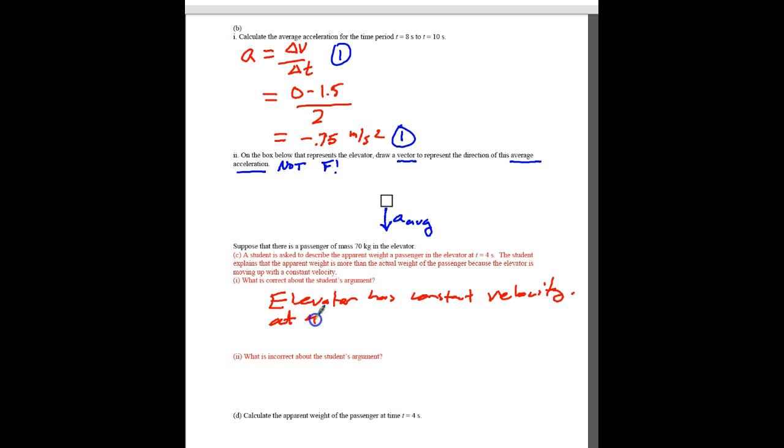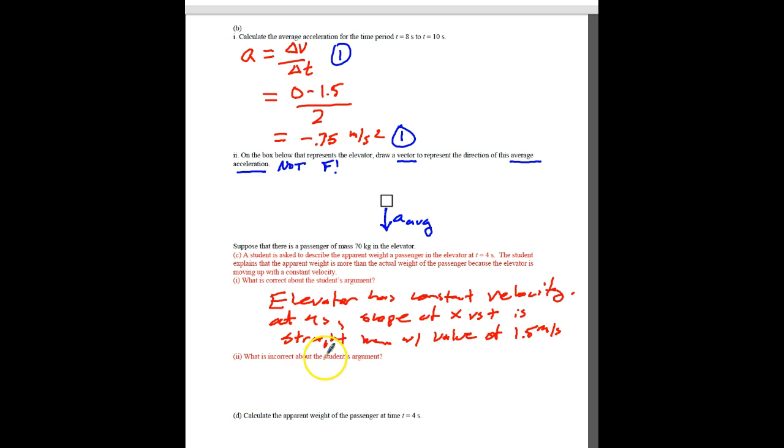At 4 seconds, the slope of the position versus time is a straight line with a value here of, and I know it's really sloppy, sorry, 1.5 meters per second. You could say that, or you could say looking at the velocity versus time graph, it's a straight horizontal line with a value of 1.5. So either way, that is fine.